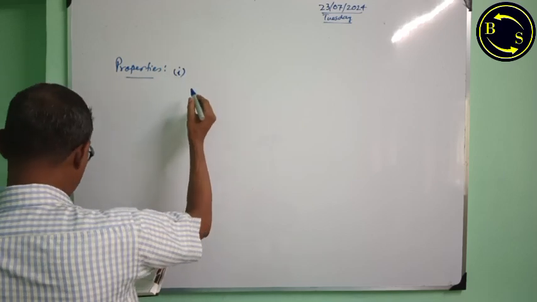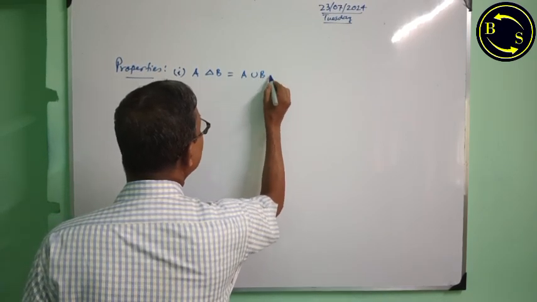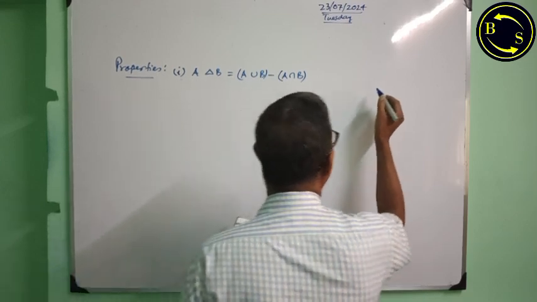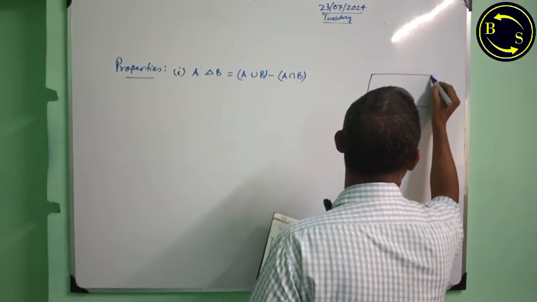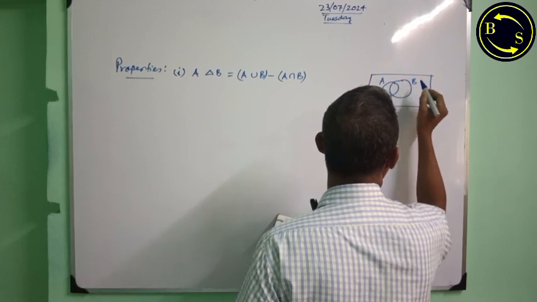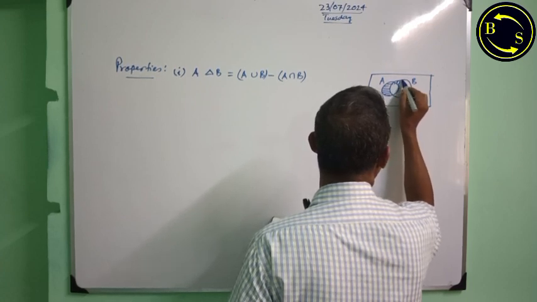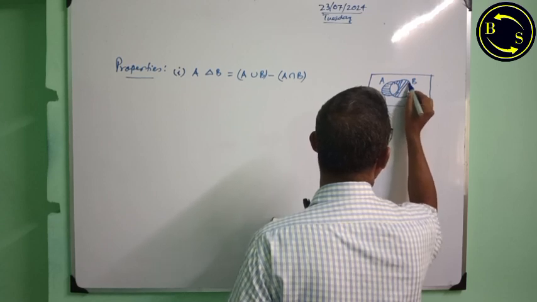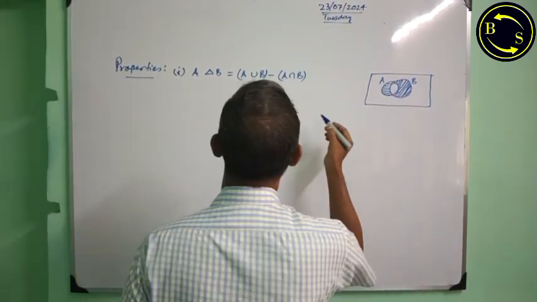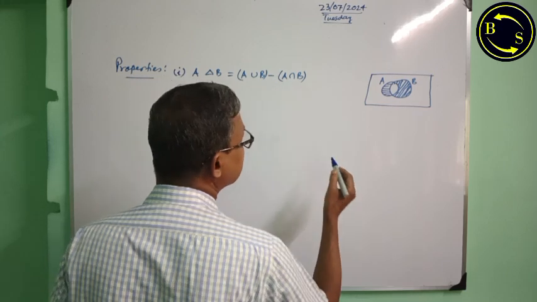I write serially: A symmetric difference B, that is equal to A union B minus A intersection B. From the diagram, symmetric difference is the union of A minus B and B minus A. Now it is clear from the diagram that symmetric difference of A, B, the whole minus this unshaded part, that is A union B minus A intersection B.